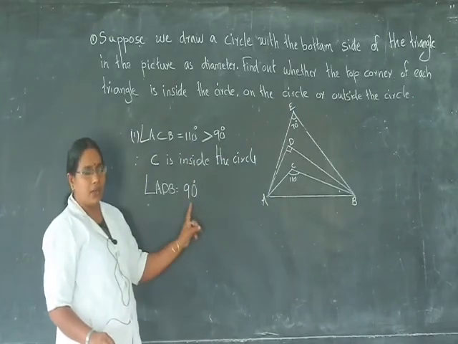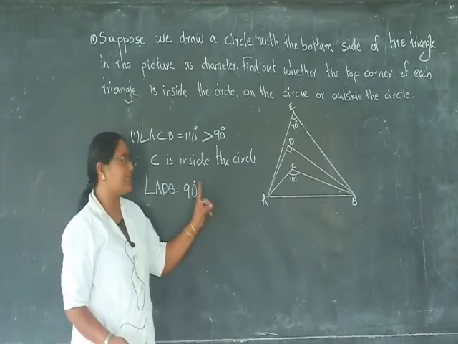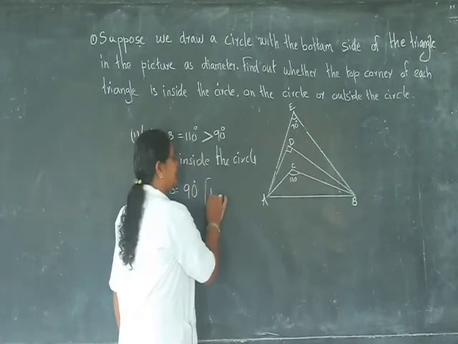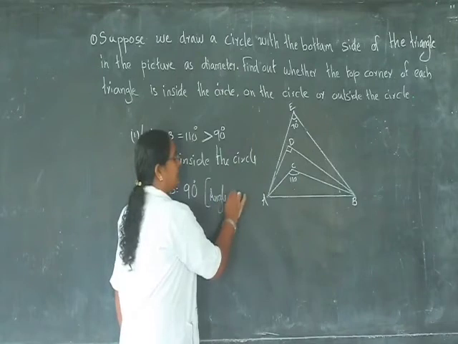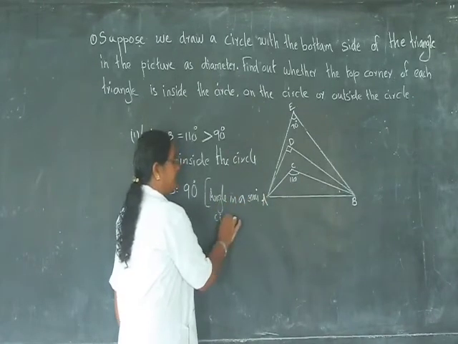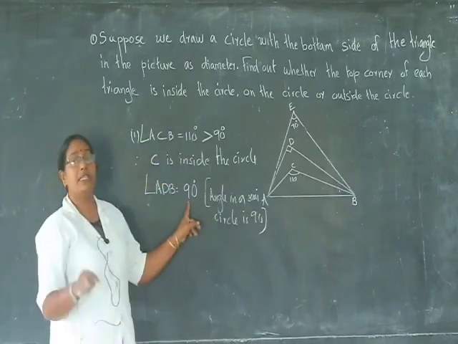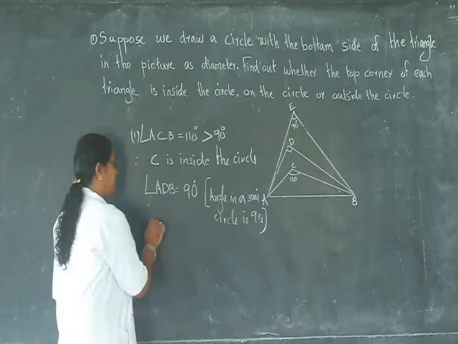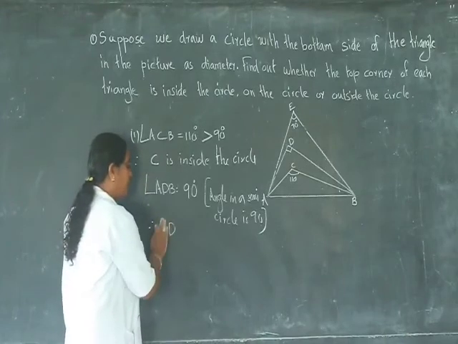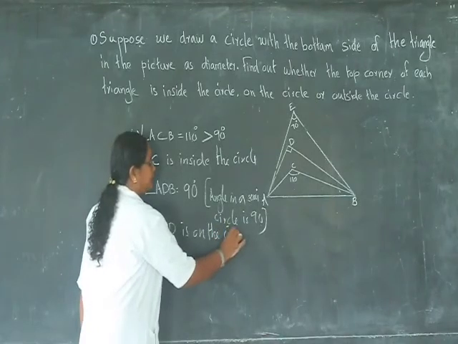One angle is equal to 90. Therefore, what is the statement? On the circle. The angle in a semicircle is 90. Therefore, the point D is on the circle.